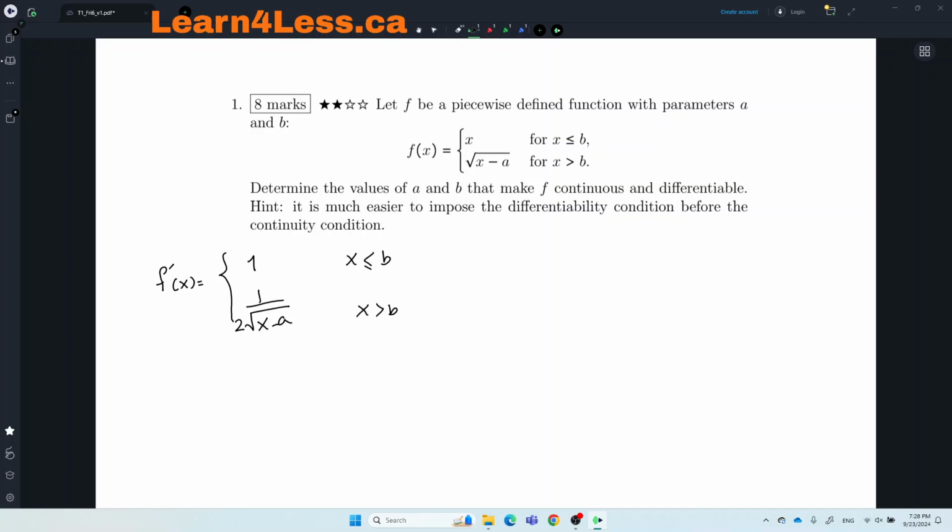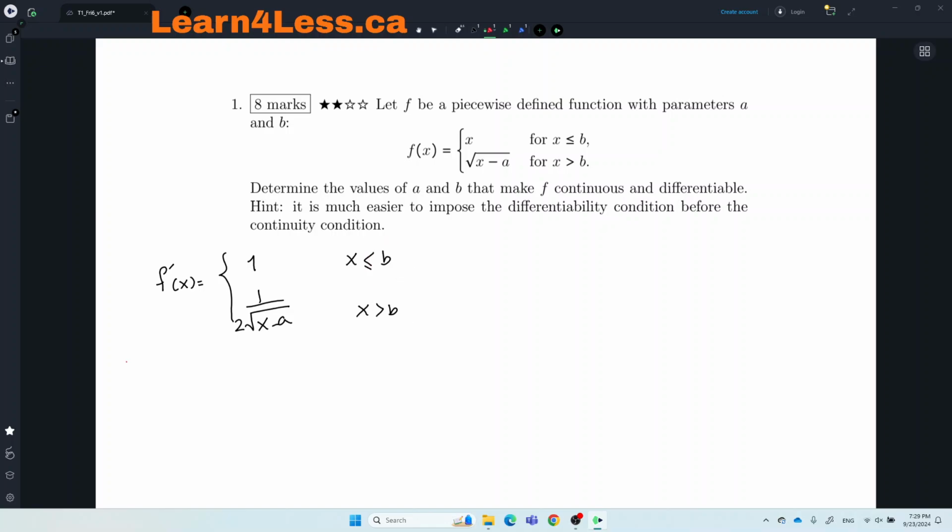Okay, now we have the derivative of the function f. Now we want to make sure it's differentiable, so we need to make sure that its derivative is continuous. So this piece doesn't have a problem, this one doesn't have a problem. The problem is when we are connecting these two pieces with each other, which basically is at point b.